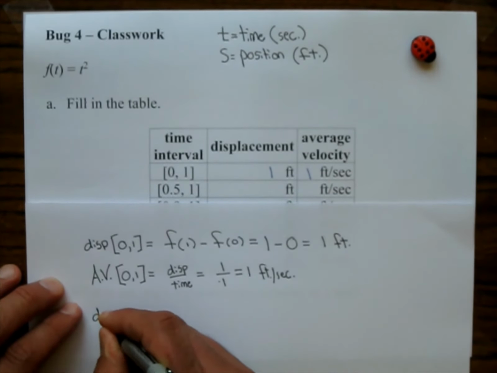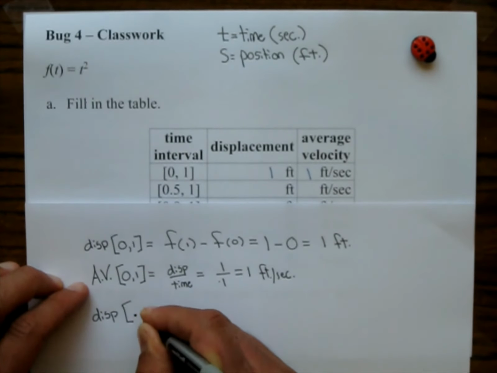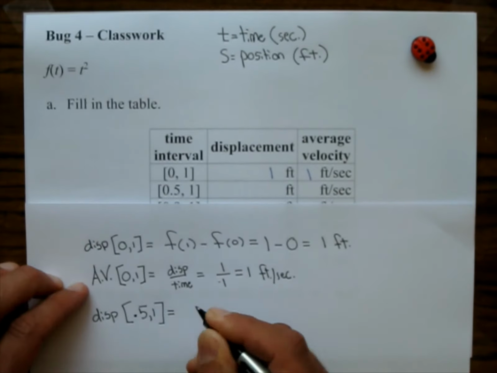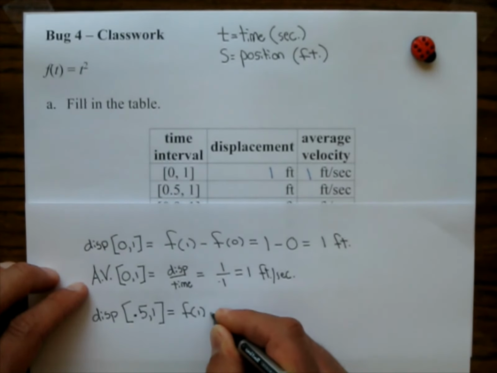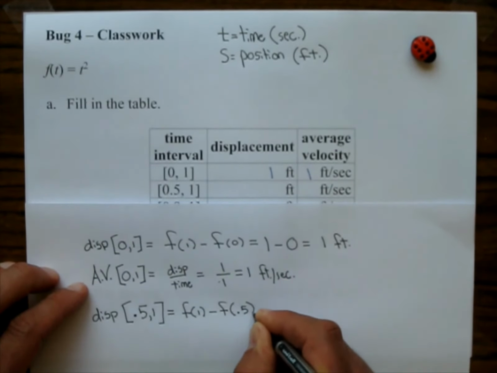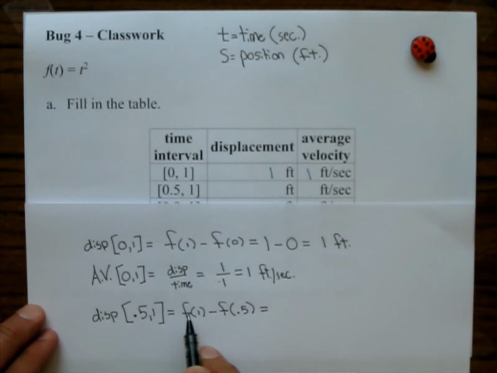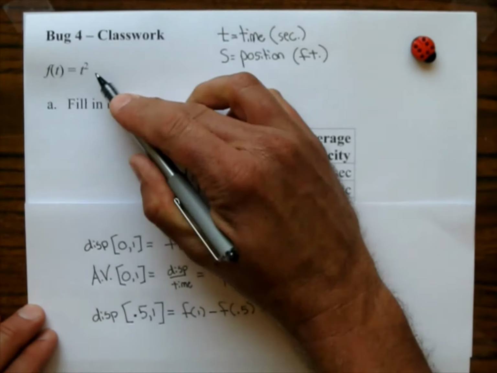We want the displacement from 0.5 to 1. This is really f of the end time minus f of the beginning time. So f of 1 is 1 squared, which is 1. f of 0.5 is 0.5 squared.